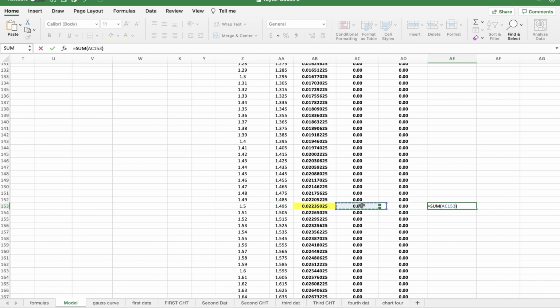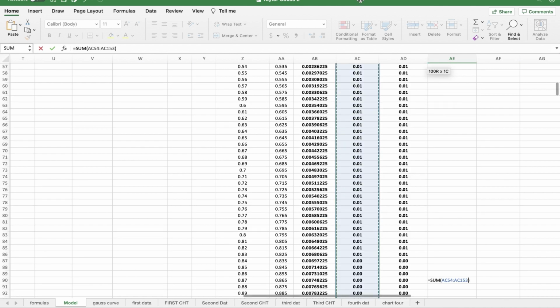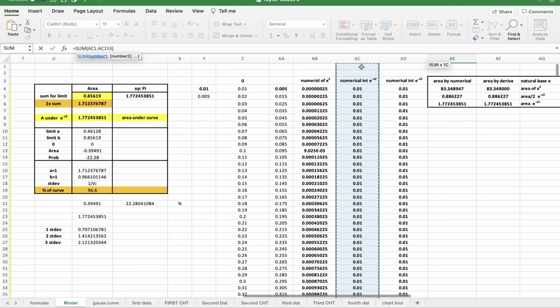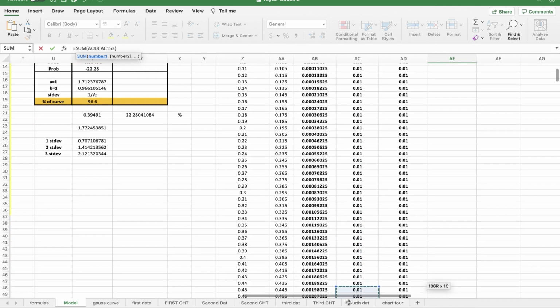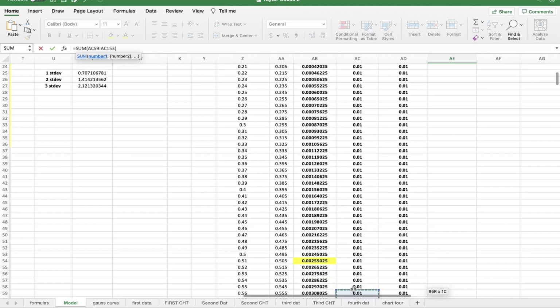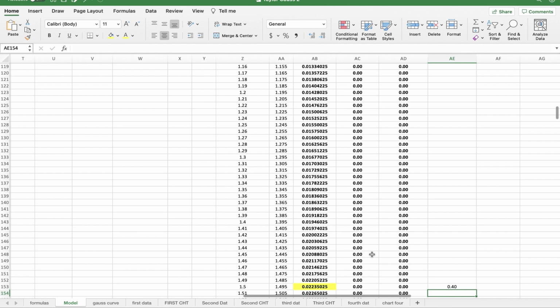Oh, you know what? That's the model for e to the minus x squared. So I went a little bit too far. There we go. Okay, so I added up between x equals 0.5 and 1.5, and that's the area under the curve right there.